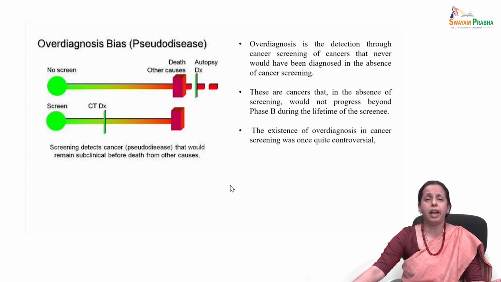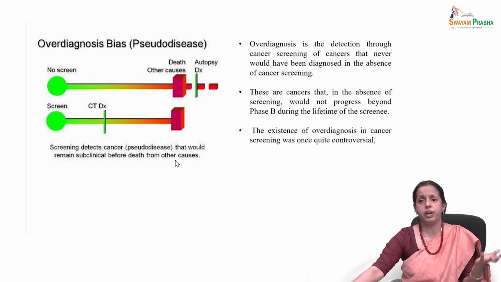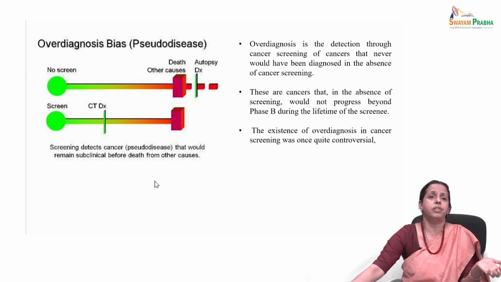So, it may look like a cancer under the microscope, but it could not have really been potentially harmful. When a screening test detects such a cancer, maybe we think we are treating the patient very successfully, making the screening test look very effective, when in fact the screening test may not have detected a really aggressive cancer.